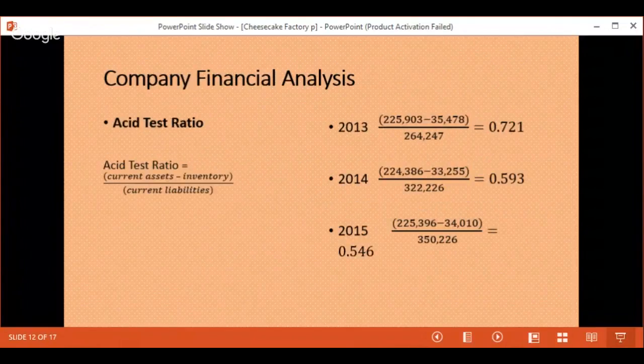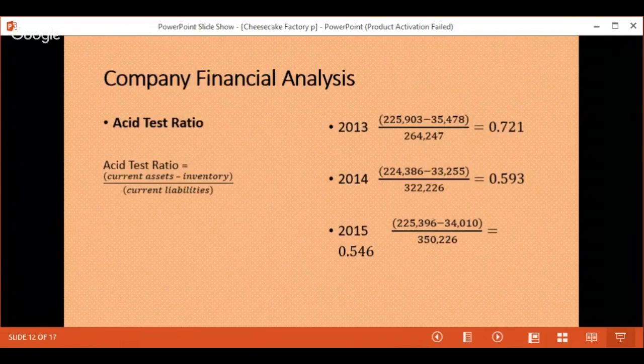Moving on to the asset test ratio. This is a way of knowing the company's immediate financial position with respect to its ability to cover short-term debts using readily convertible assets. An asset test ratio of 1 is often regarded as a strong current ratio position. Asset test ratio is the current assets minus the inventory divided by the current liabilities.